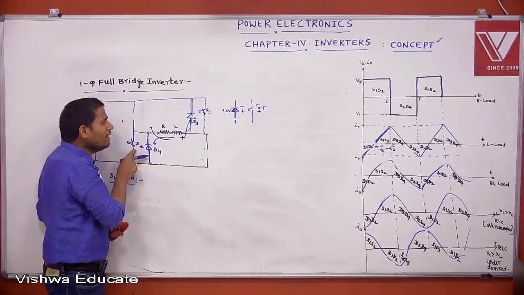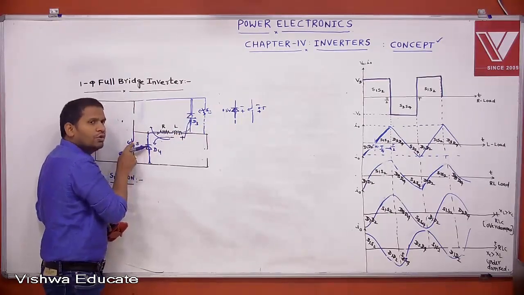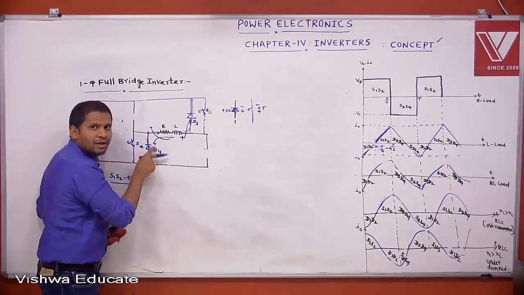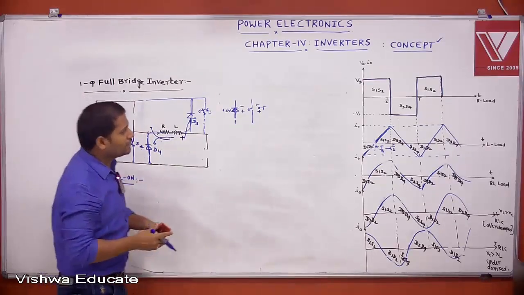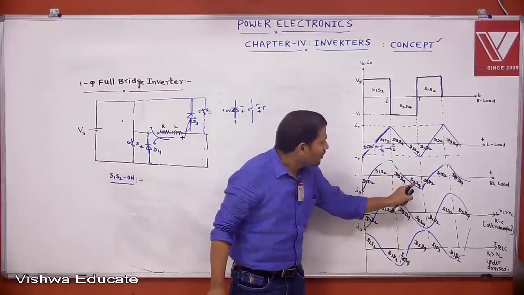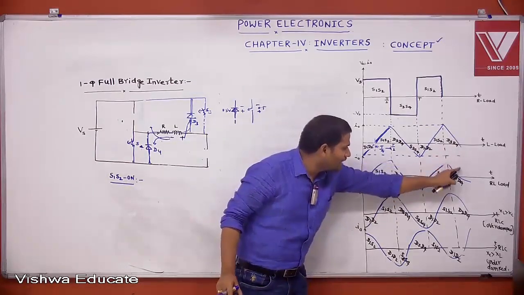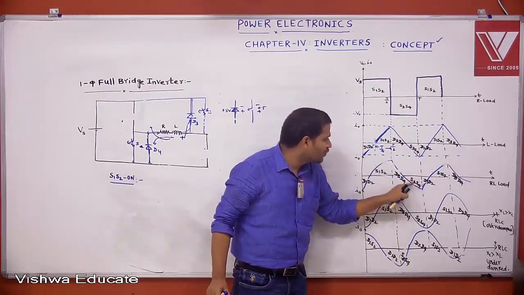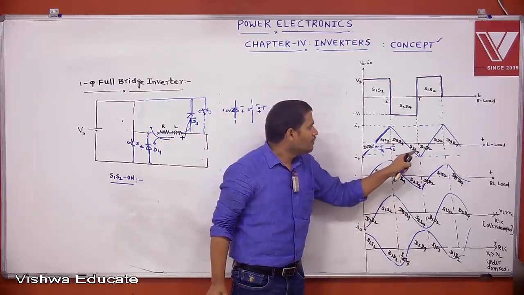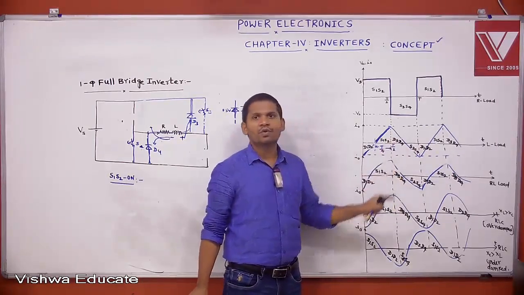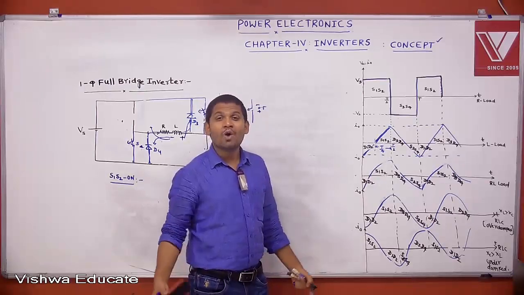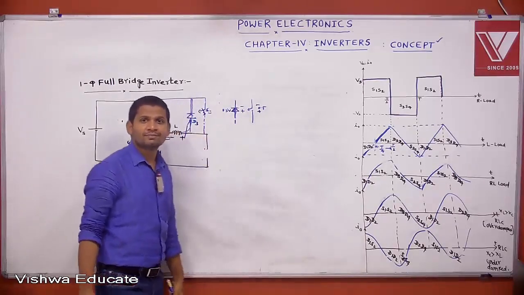That's the reason why before S3, S4, which device is conducting? D3, D4 is conducting. That's why, for all lagging loads, before S3, S4, D3, D4 is conducting. Then how much time will these diodes conduct?